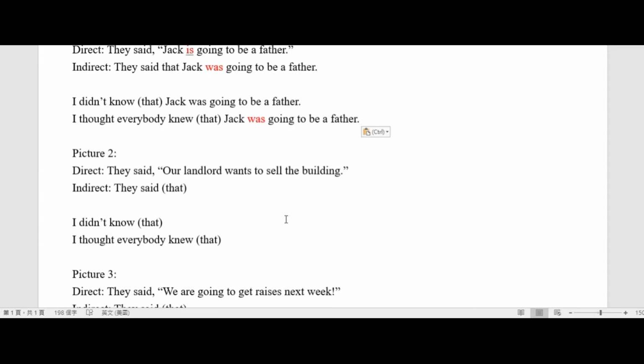Picture number 2, the direct speech of the sentence. If you look at the picture, you will see they said, our landlord wants to sell the building, because they live inside the building. Now, when I say what they have said before, that's indirect speech, and I will say they said that it's not our landlord anymore, it's their landlord.